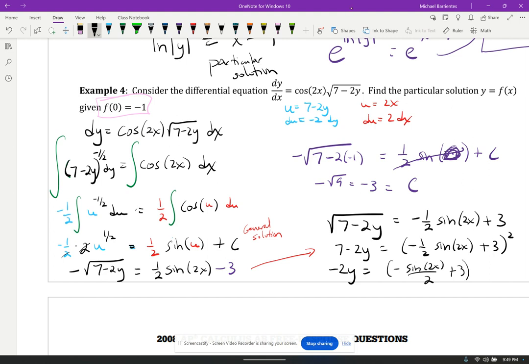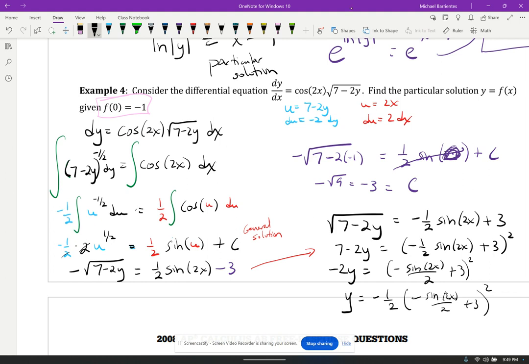Plus 3 squared. And then I'm going to divide by -2. You can divide by -2 or just multiply by -1/2. And you're going to get -1/2 that times negative sine 2x over 2 plus 3, everything quantity squared.